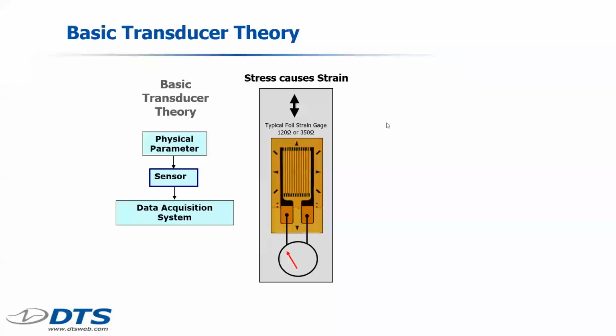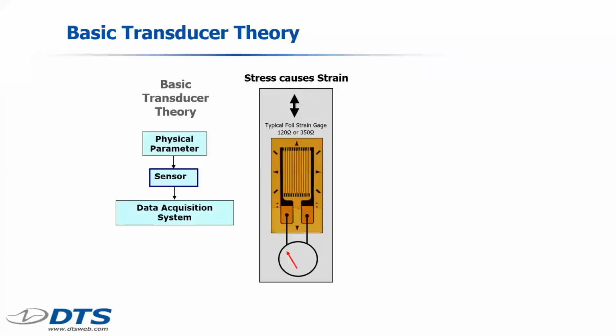Basic transducer theory. If you remember from the earlier slide, what we're trying to do is quantify physical parameters. So we use a sensor to do that, which is then connected to the data acquisition system. The best example I know of is a simple strain gauge. A strain gauge is a device that measures the change in shape or length of a material.